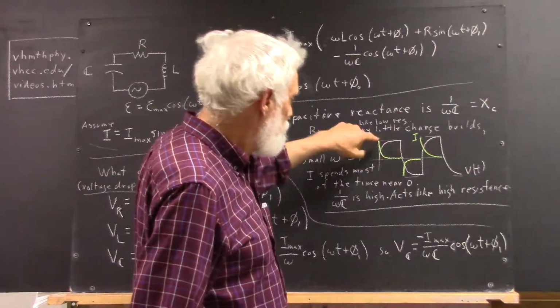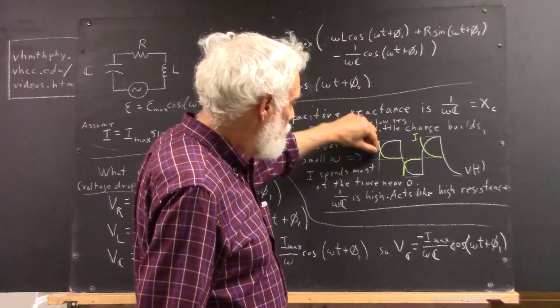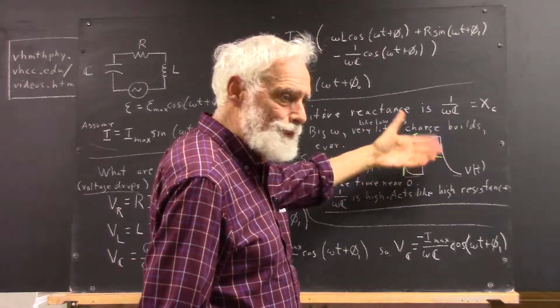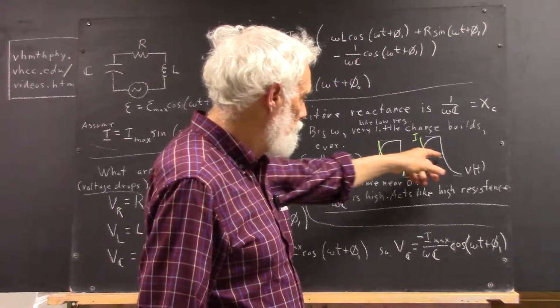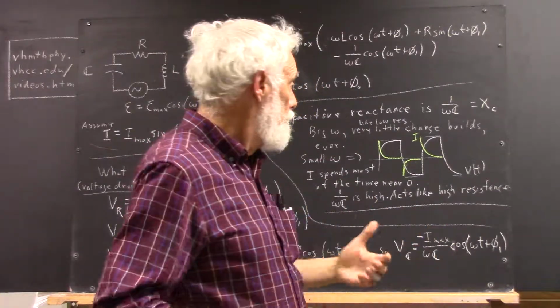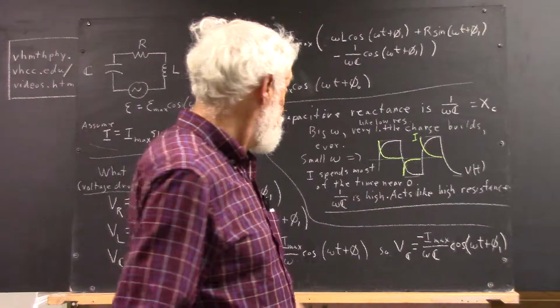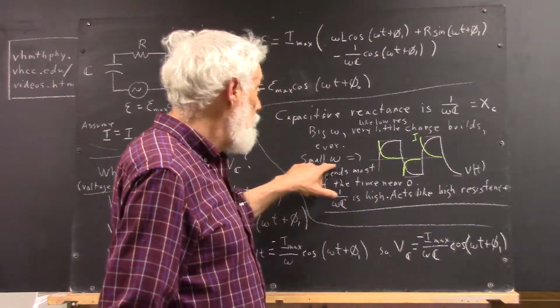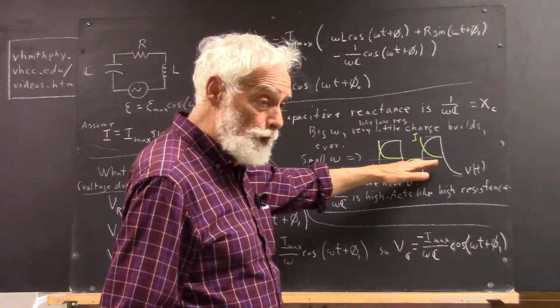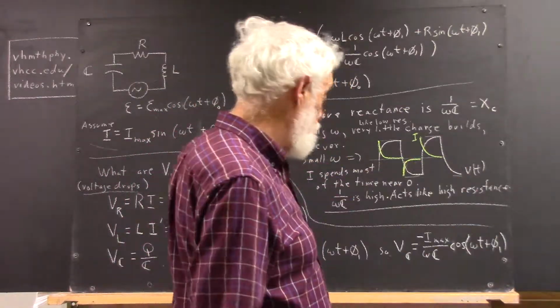But if we've been cranking for a while, it decreases and then stays near zero for a long time, decreases and is near zero for a long time, if you're changing the current slowly. So if omega is small, that means you're cranking in one direction for a long time, and in the other direction for a long time.